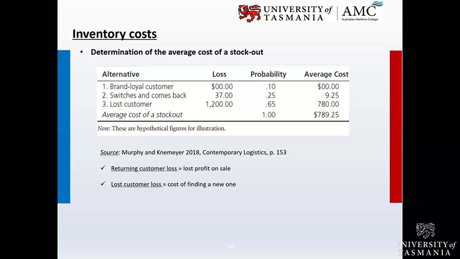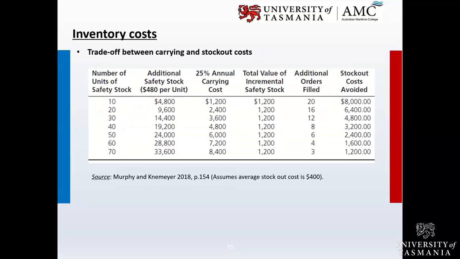Finally, you can calculate the average cost of stock out. It will be 789.25. So this is the average cost. It is an estimated cost. Okay, this shows the determination of the average cost of stock out. Also, we can consider the trade-off between carrying cost and stock out costs.